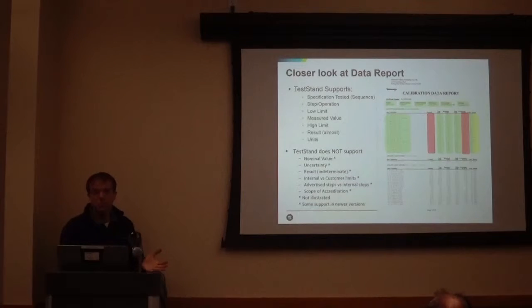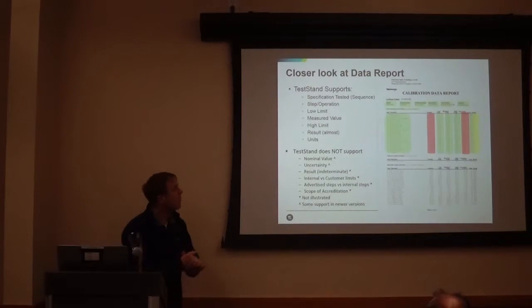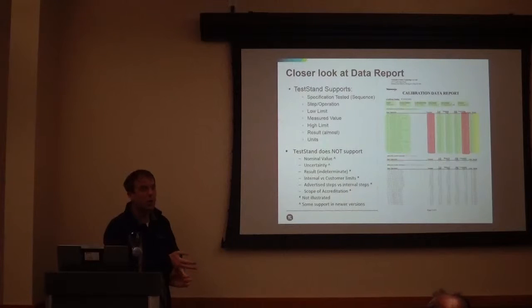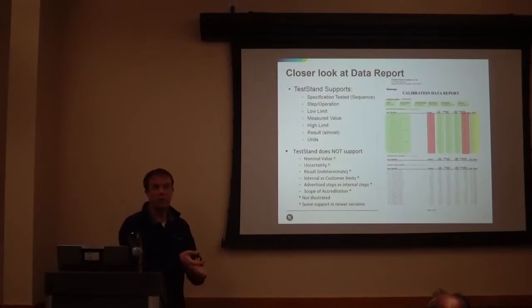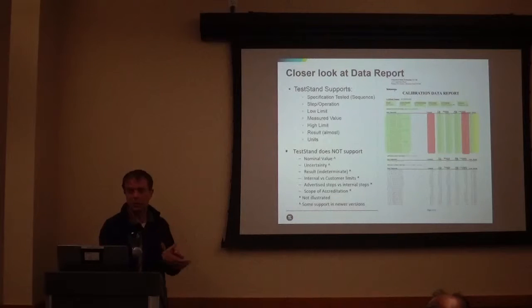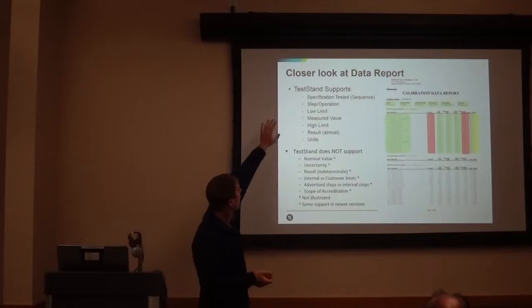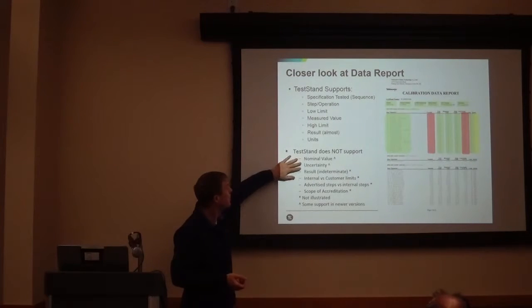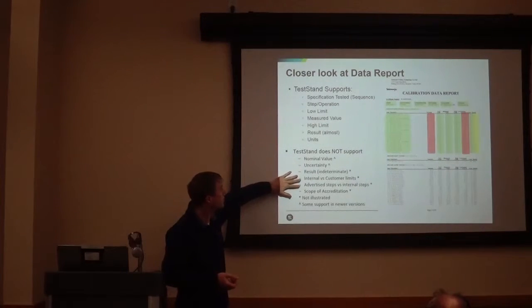That's great, but when you really get into the metrology side of things, you have a nominal value for that measurement, and you have an uncertainty around that measurement, and things don't just pass or fail, they have indeterminate states, gray areas of what happened. All that stuff works: nominal value and uncertainty, indeterminate results.